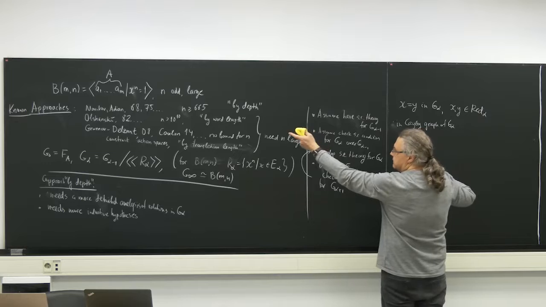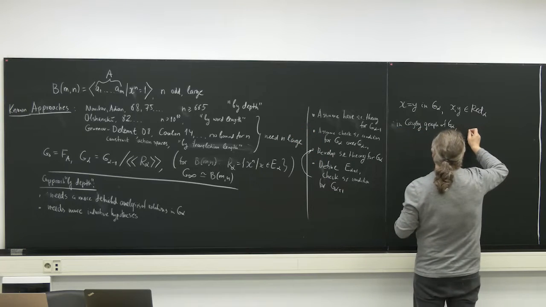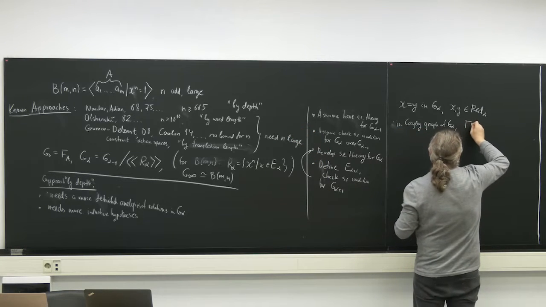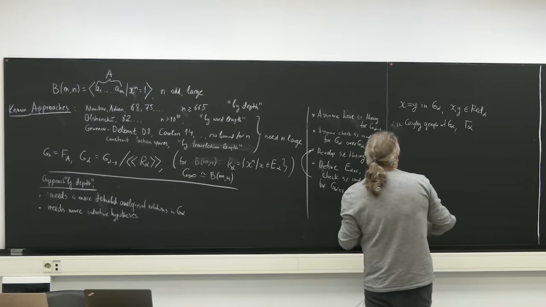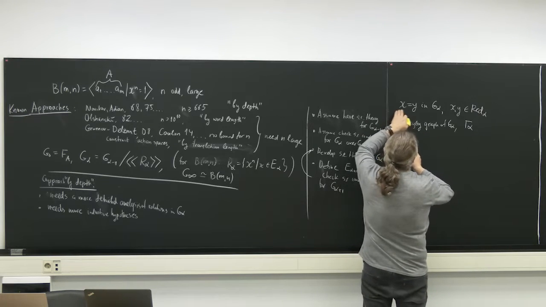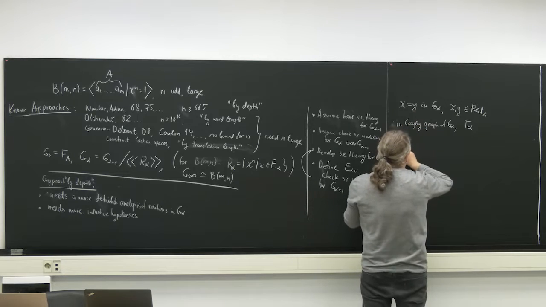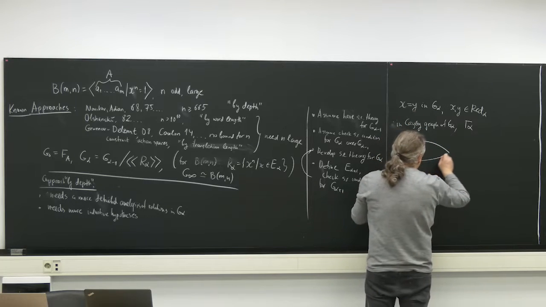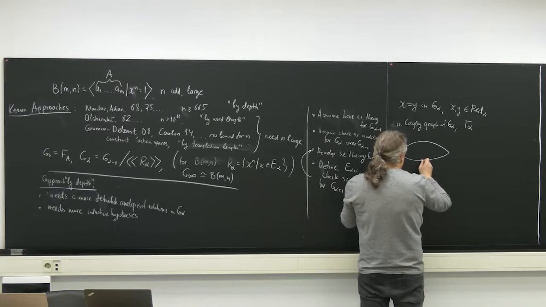Of course, we have this natural set of generators that's denoted by gamma alpha. So we have a picture like this. We can represent this relation by two paths in the Cayley graph.